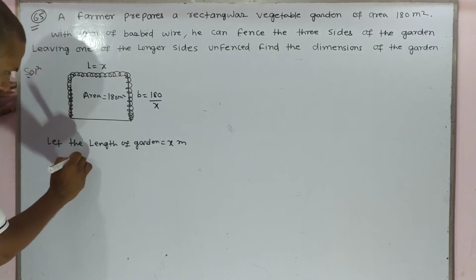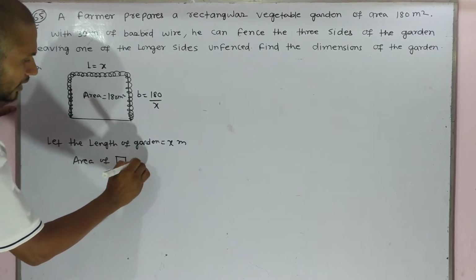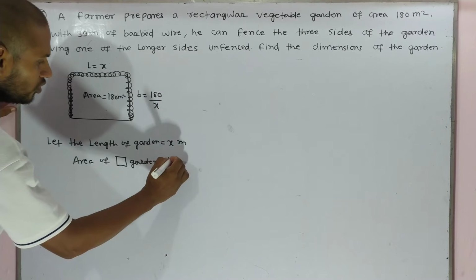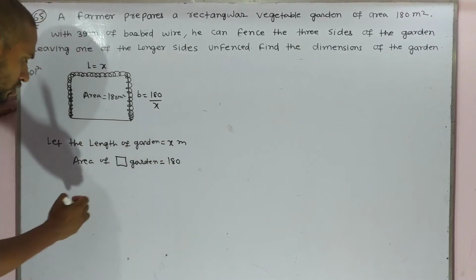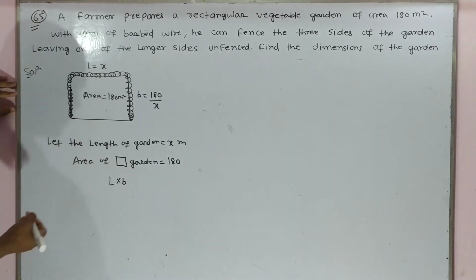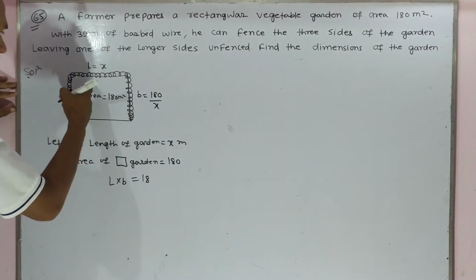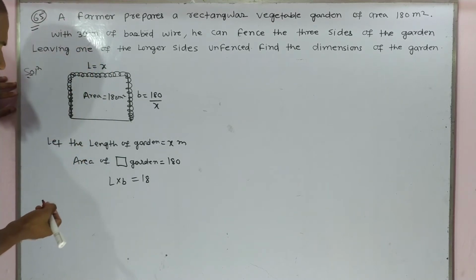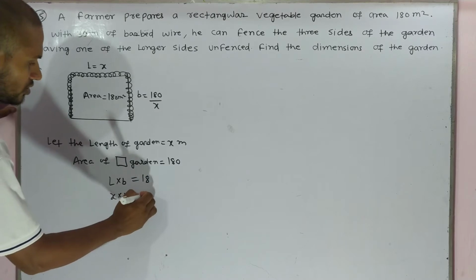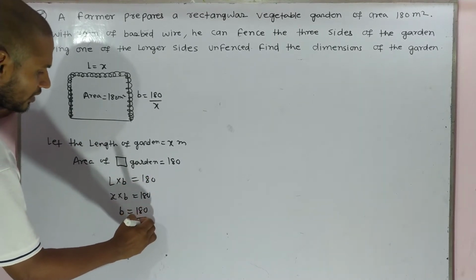The area of the rectangular garden is given as 180, and we know the area of a rectangle is length into breadth, L into B, equal to 180. We assume L equals x, so the breadth B becomes 180 upon x.